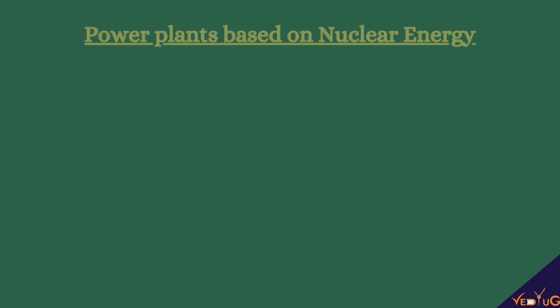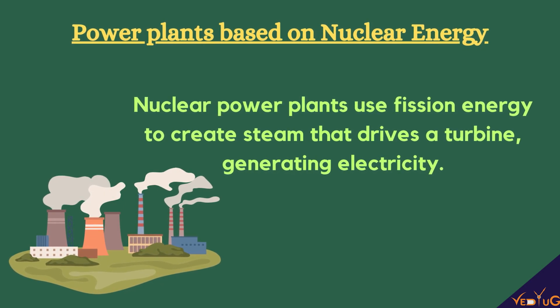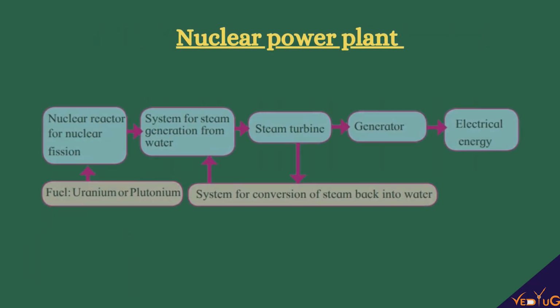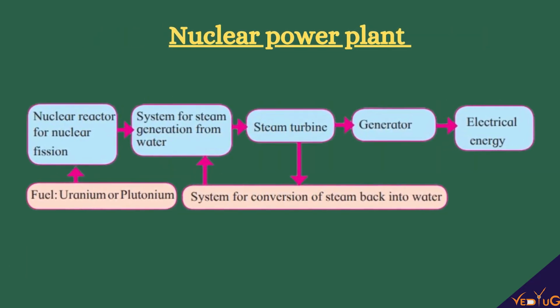Now let us learn about power plants based on nuclear energy. So nuclear power plants use fission energy to create steam that drives a turbine generating electricity. If you want to know how a nuclear power plant generates energy, it is pretty simple in the flow diagram given below.